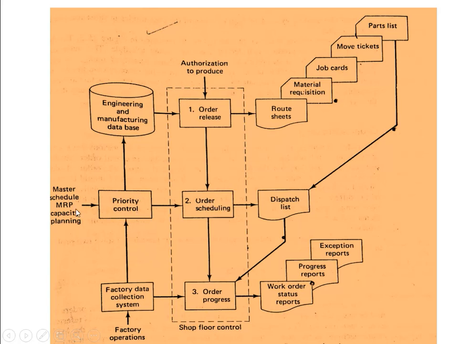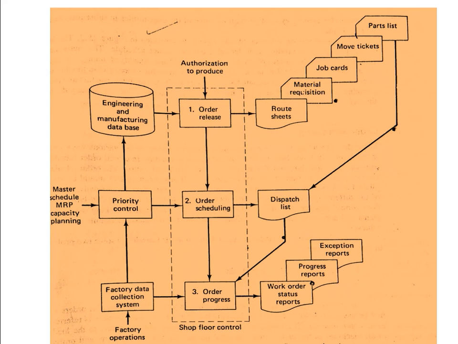Based on the priority, the order scheduling is done. And as you can see, engineering and database, this is the normal engineering and manufacturing data which starts from order release, the first and main step, where we can see the route sheets, material requisition, job cards, move tickets, and part list. What are these? Route sheets give the information on how the particular part should travel based on the design you have allocated.